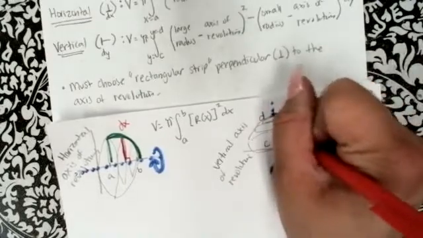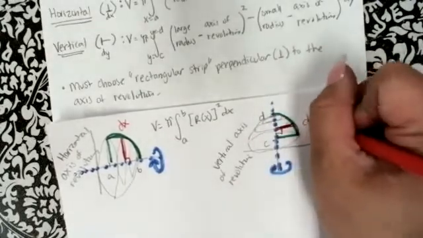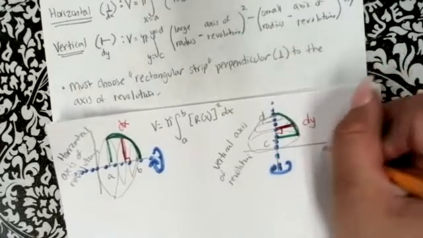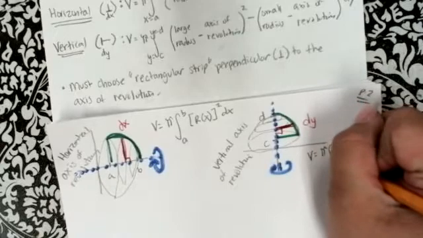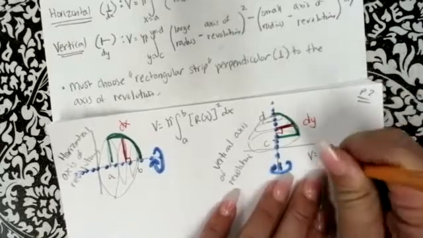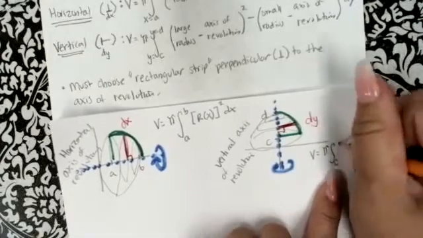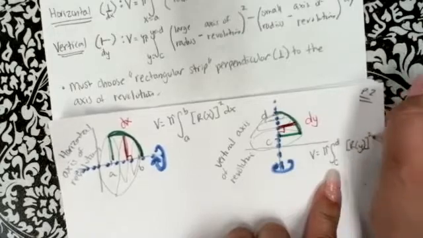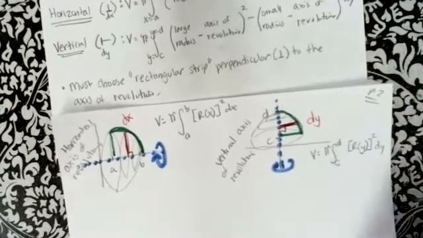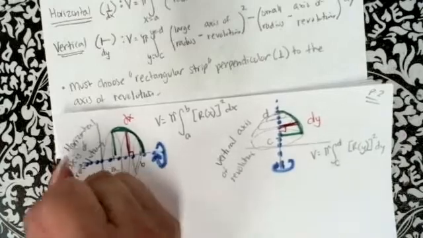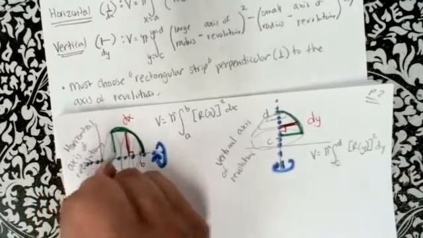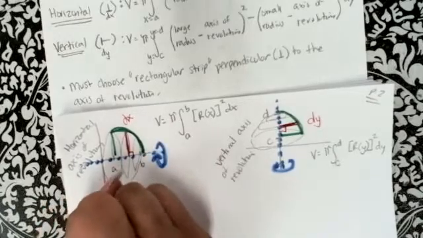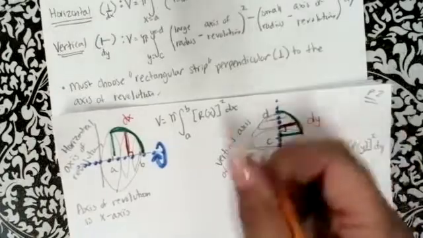So this is perpendicular to the axis of revolution. This is going to be your dy. And the volume here is going to be pi from C to D of the big radius, and this is y, squared dy. So this is the axis of revolution of the x-axis. And this axis of revolution is the y-axis.